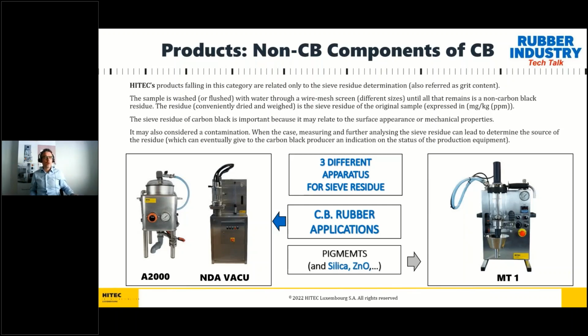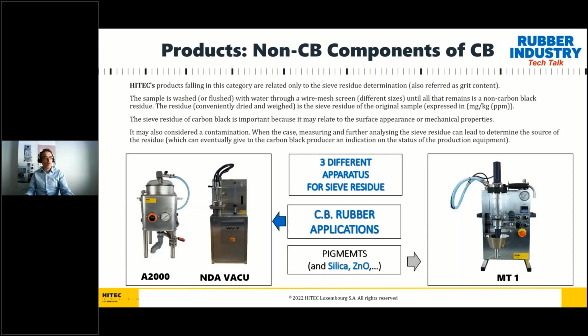The one on the right is not related to rubber application; it was originally created for pigments, but it is commonly used also for rubber fillers which are not carbon black, for example silica, or for other rubber components like zinc oxide or titanium dioxide or any other powder material. So it's the most universal among the three products.